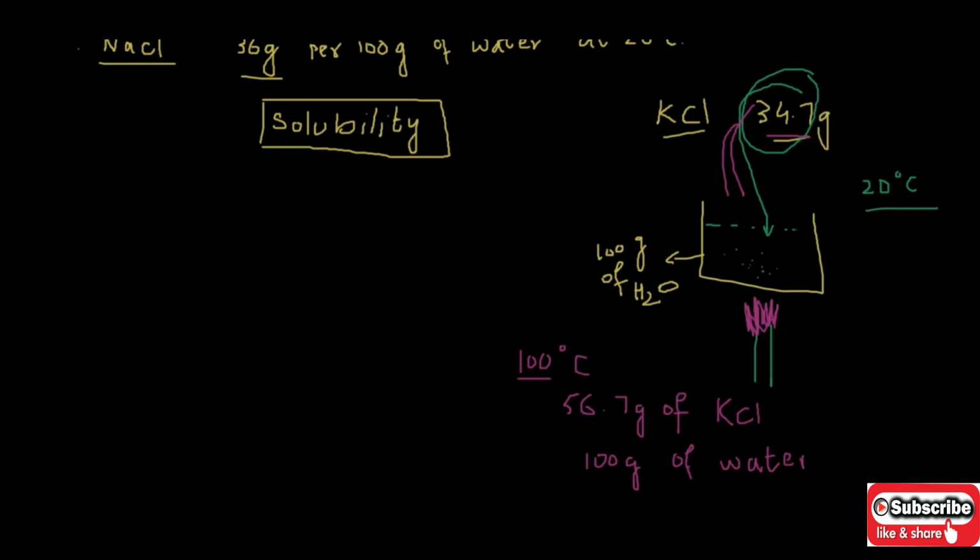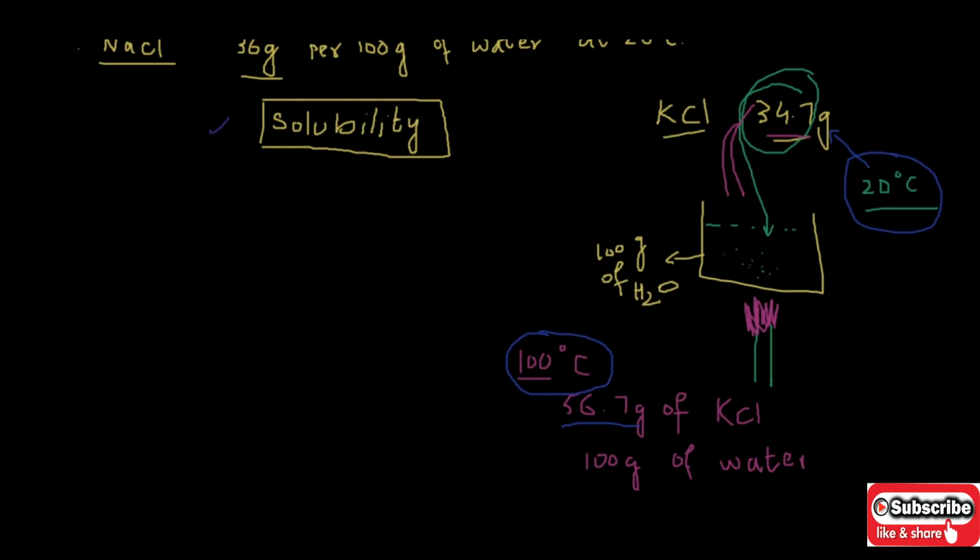Now look at the temperature changes. At 20 degrees centigrade, the amount of substance dissolved was only 34.7 gram. At 100 degrees centigrade, the amount of potassium chloride dissolved is 56.7 gram. So what does this mean? It means that temperature has a direct relationship with solubility.